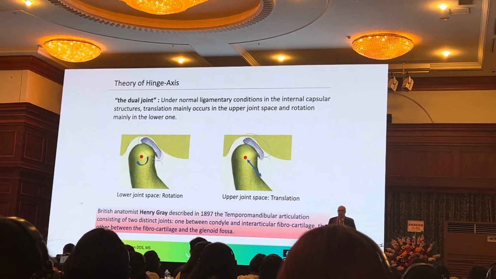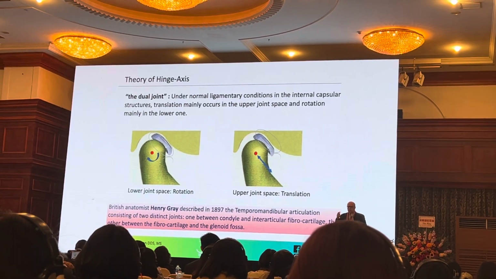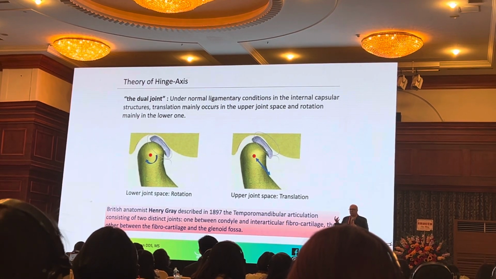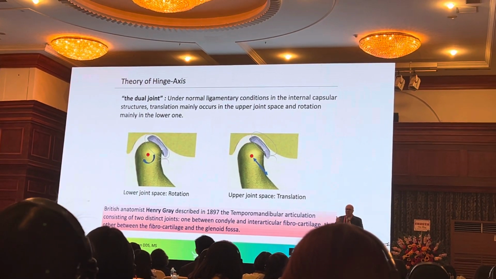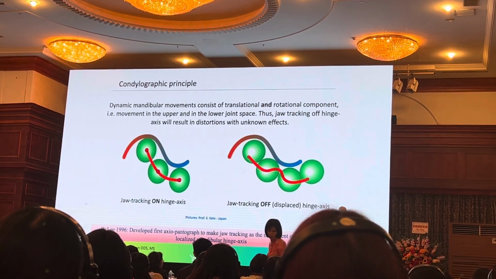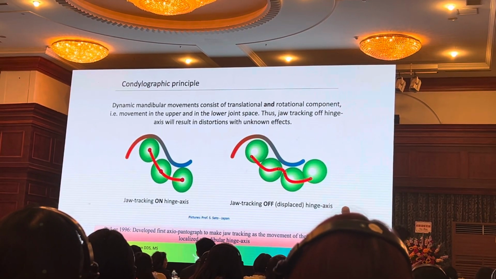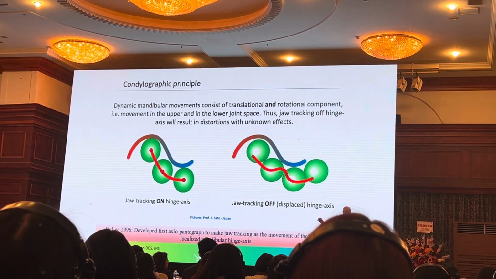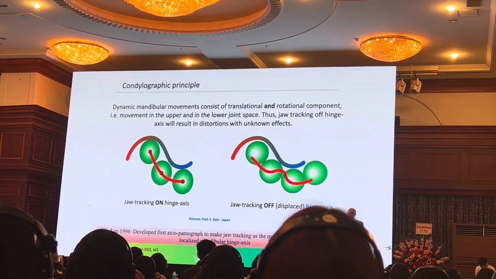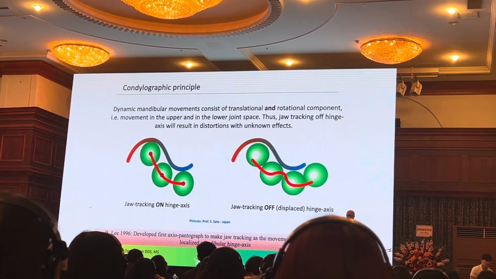So this hinge axis is critical to understand, because if I try to find the position of the condyle with a bad hinge axis, I will not see a curved line as I showed you before. Do you remember the curved line I showed in the video of the joint? So this curve comes from a very well located hinge axis.